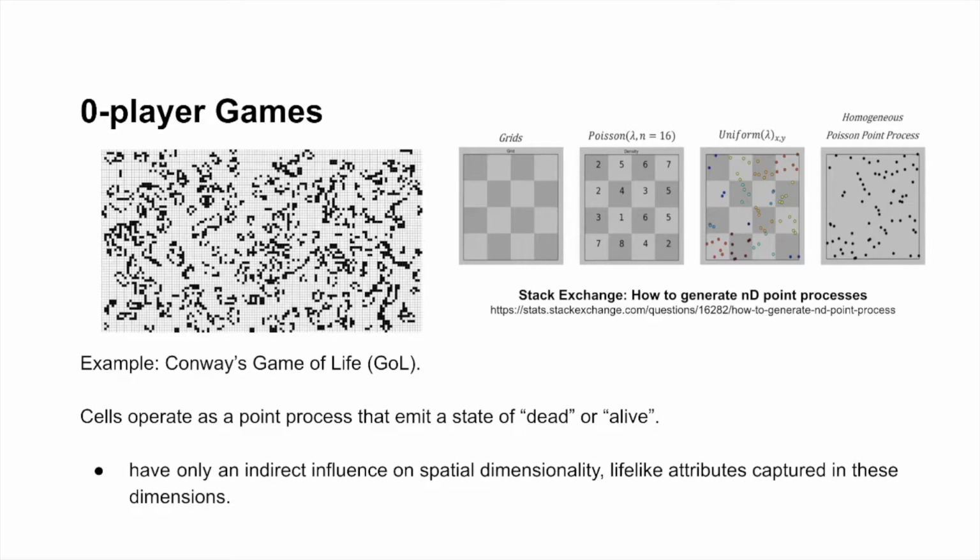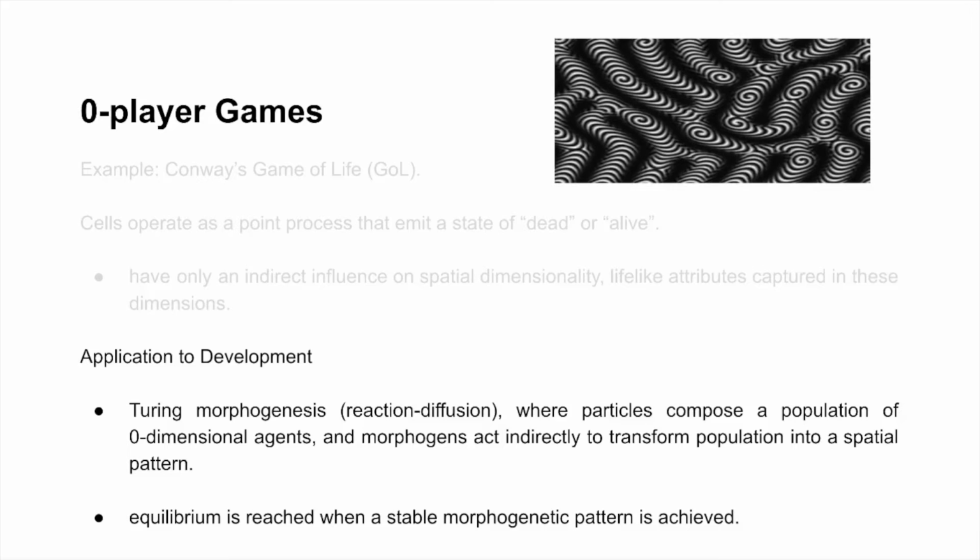And so there's only an indirect influence on spatial dimensionality. There are a lot of lifelike attributes captured in these dimensions, but there's no real competition here. So this is an example of a zero-player game.